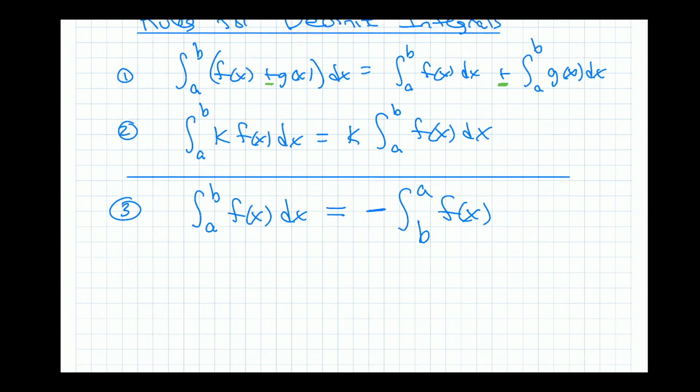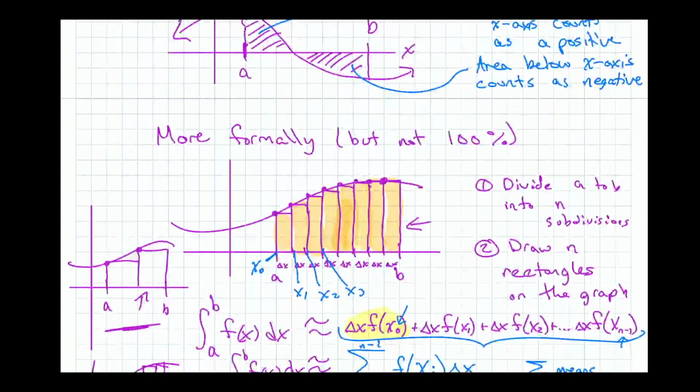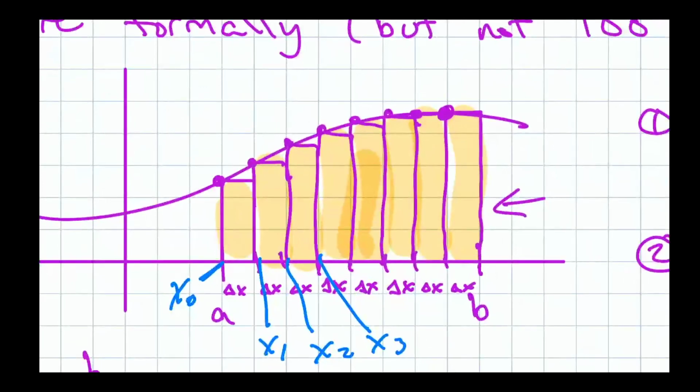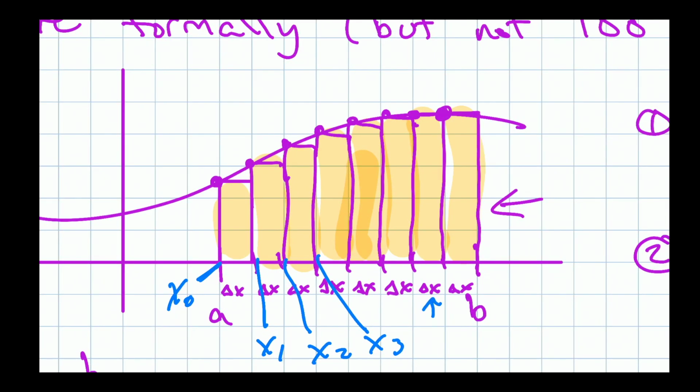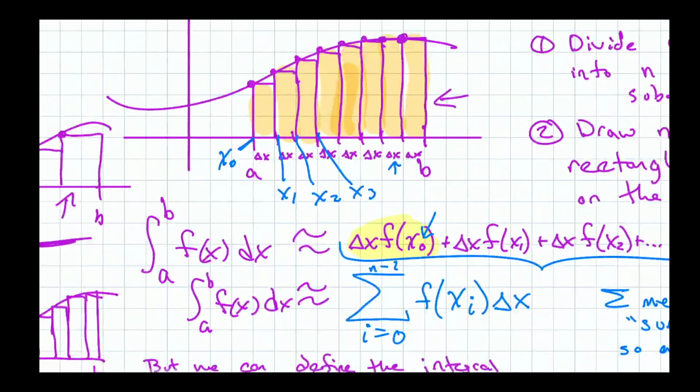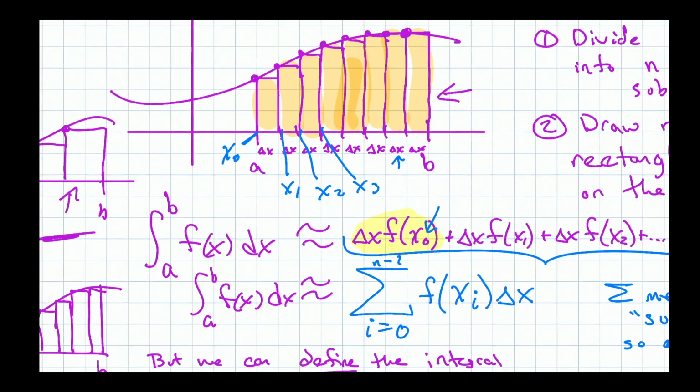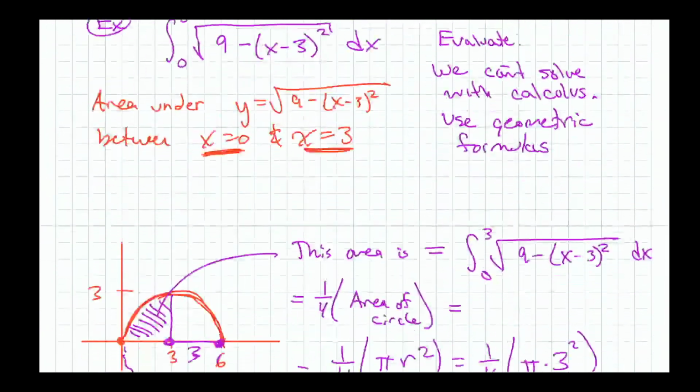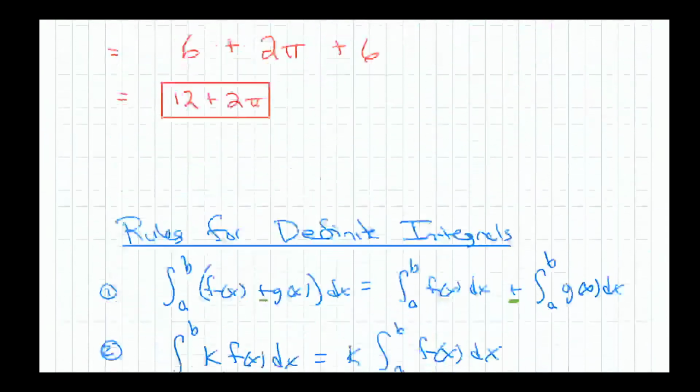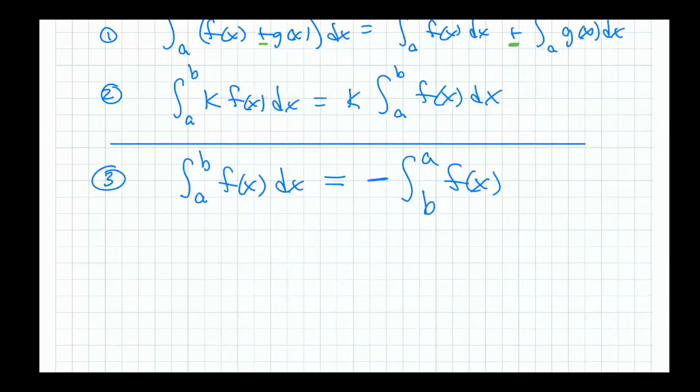Basically what it does on the picture with the rectangles is if you switch the a and the b, whatever way you were coming up with the number delta x is now going to make the delta x a negative number. And so everything's the same except you added a minus sign. So switching the a and the b just literally adds a minus sign. Okay, so that's a rule.